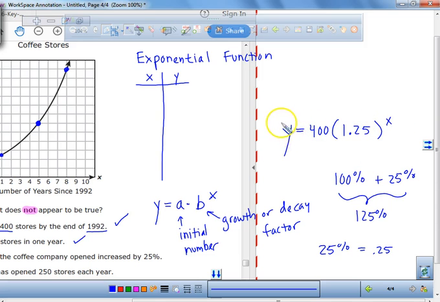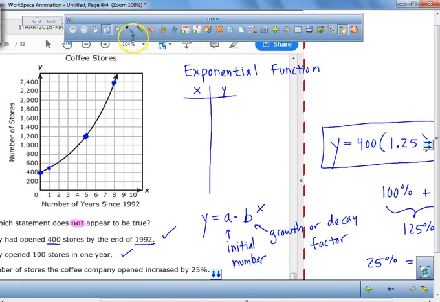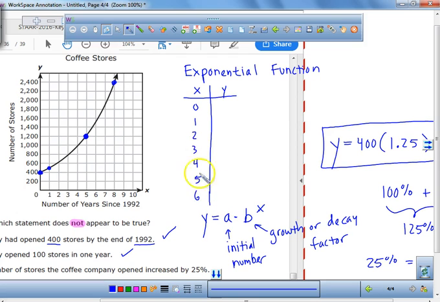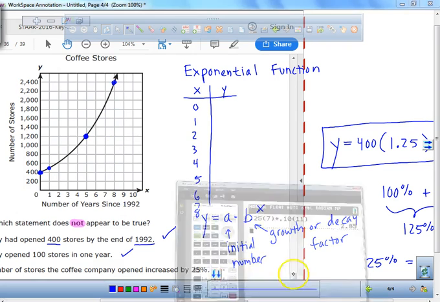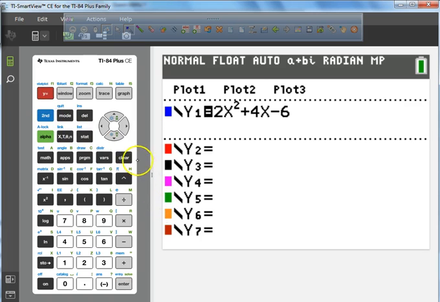So here's what I want us to do. Go to your graphing calculator. I want you guys to type this in with me, okay? We're going to make a table: 0, 1, 2, 3, 4, 5, 6, all the way up to 7 and 8. So we're going to have y equals.